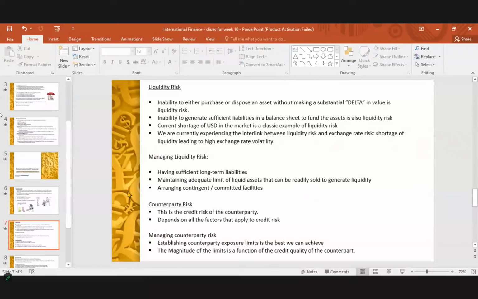In order to basically manage this liquidity risk, now I talked about balance sheet liquidity also. Like in the banks, I said when we have short-term deposits only, we face that problem of not having sufficient liquidity. So if you have long-term liabilities or long-term deposits, the maturities will not come in a short cycle.